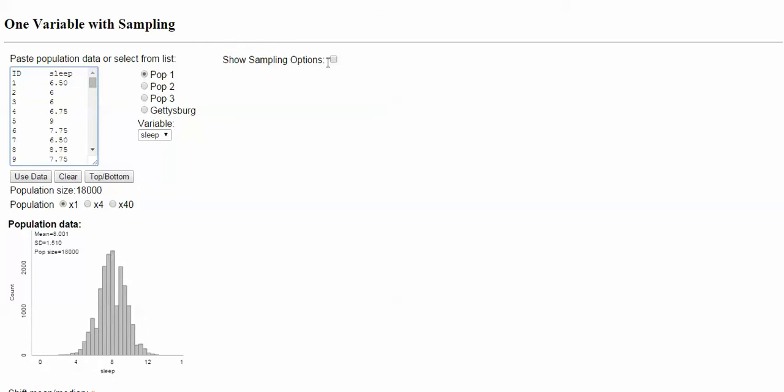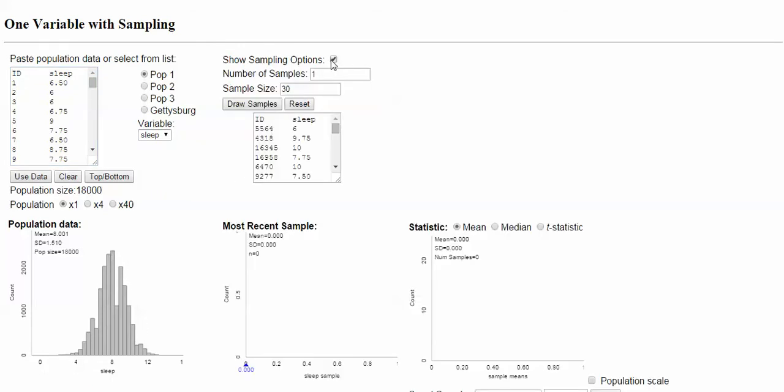If I click on Show Sampling Options right there, it lets me draw samples from this population. So let's say I want a sample of 3 people. I click on Draw Samples, and it randomly selects 3 people from the population and records their 3 sleep times. So this is the data that I've recorded from my sample of 3 people.